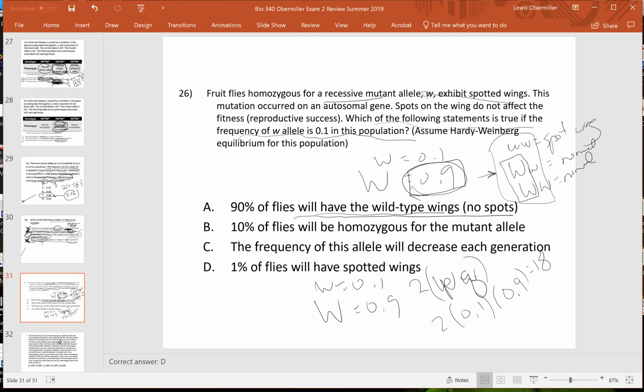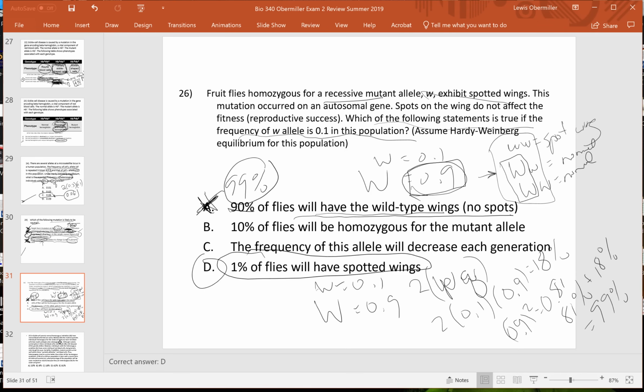So 18% would be heterozygous, and then homozygous dominant would be 0.9 squared. 0.9 times 0.9 equals 0.81, which would be 81%, plus 18% would give us 99%. So that's wrong. That can't be right. We know that number is actually 99%. And if that number is 99%, then we know that this number is 1%, so we don't even care about the rest of this. That's the only actual answer that can be correct.